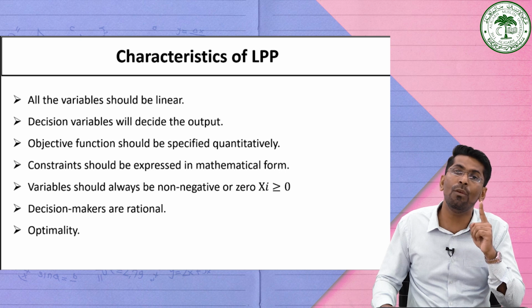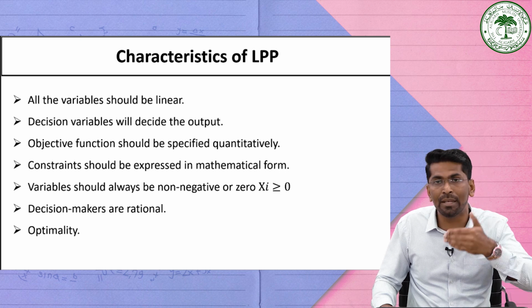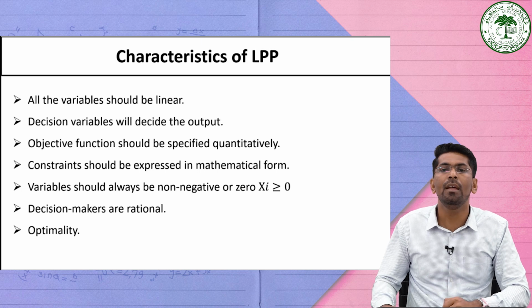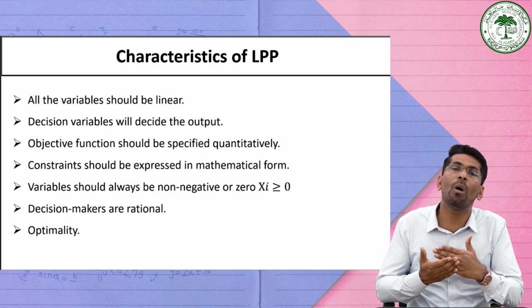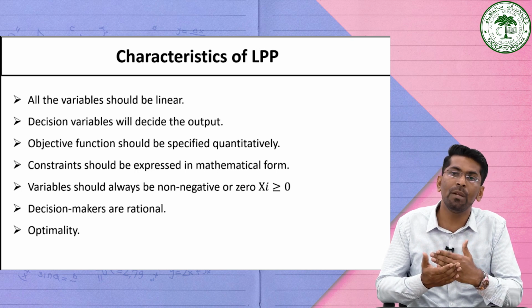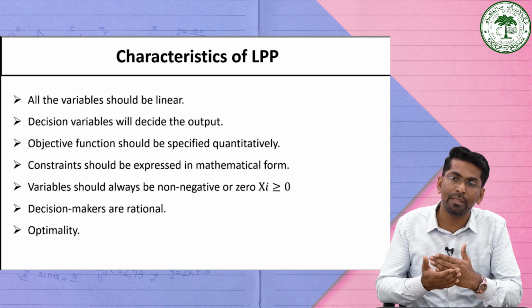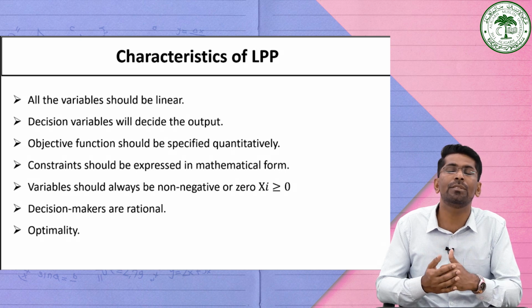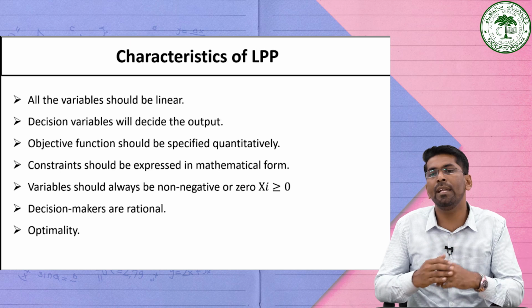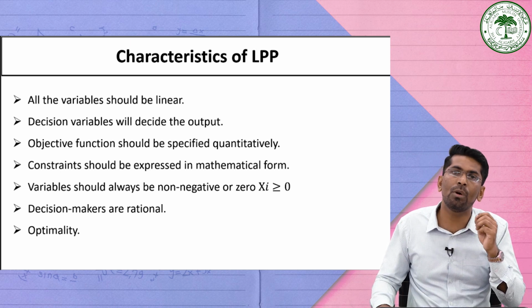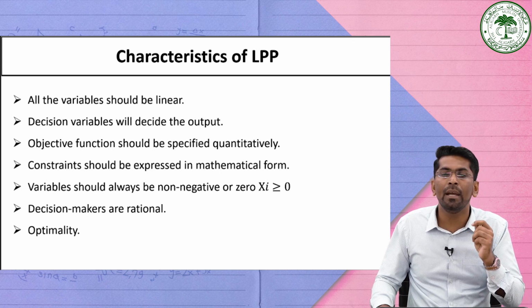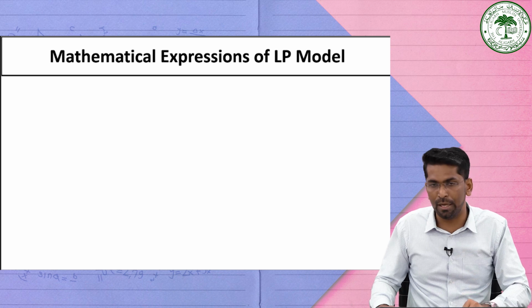There will be only one optimal solution among the various feasible solutions. So a linear programming problem is trying to find the best solution to the optimization problem defined by the objective function that satisfies the various constraints. Understanding these features is very important, especially for formulating and solving linear programming problems effectively and efficiently.